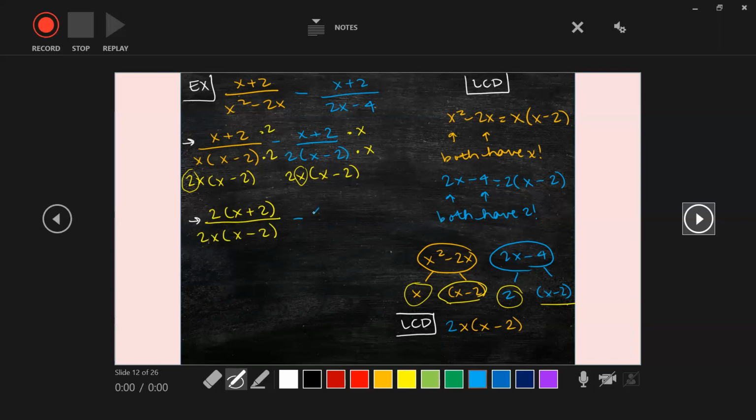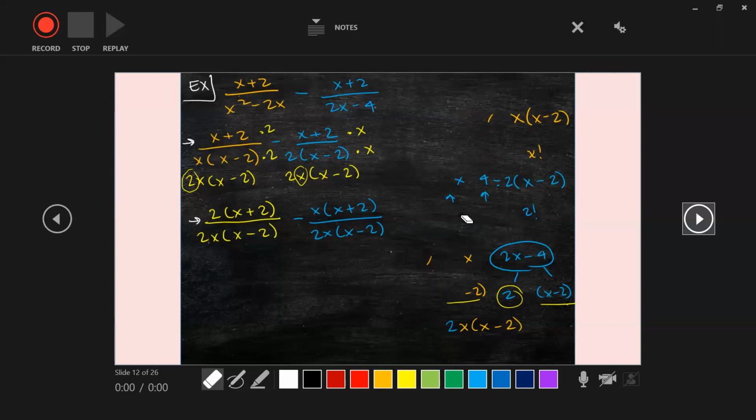I'm subtracting x times x plus 2 all over 2x times x minus 2. As long as you're good with it, I'm going to go ahead and erase this stuff off to the side here.